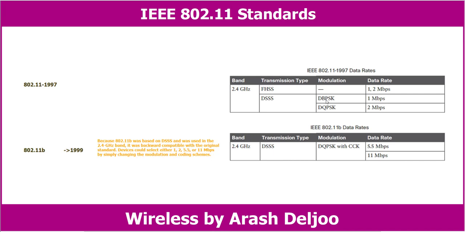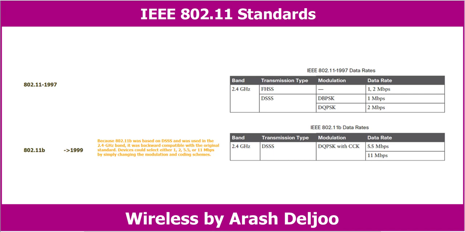Here we have different modulation types, and with differentiated quadrature we reach 2 megabit per second compared with the differentiated binary. Because of that, in the original standard 802.11 1997, the maximum data rate is 2 megabit per second.